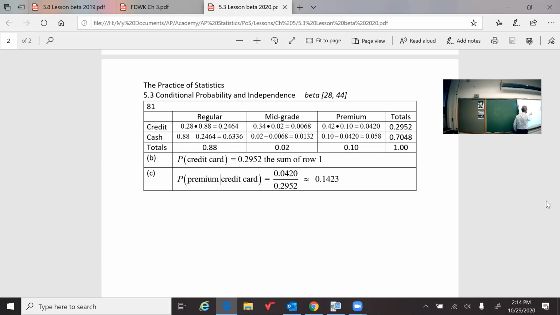So it's 28% of the 88%. That's how I'm filling out the rest of this row. Then this value has to add up to 24.64%, and the rest gives you 88%, or you just multiply 72% times 88%, which is what you're doing if you build a tree diagram.